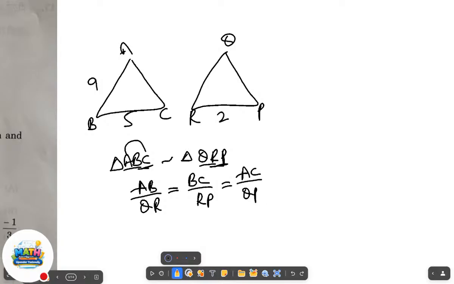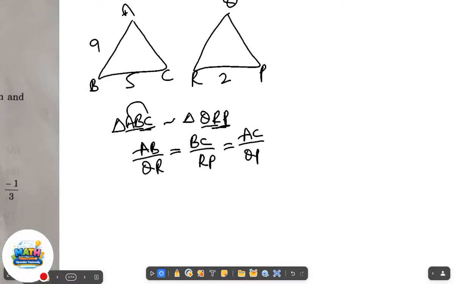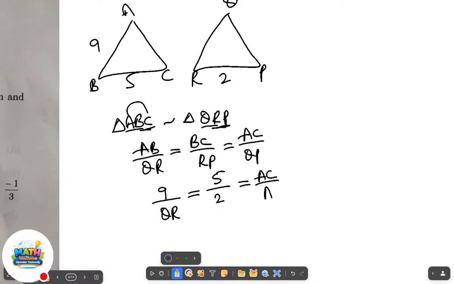Let's substitute the values here. So AB is 9, QR is what we have to find, equal to BC is 5, RP is 2, AC is not known, QP is also not known.